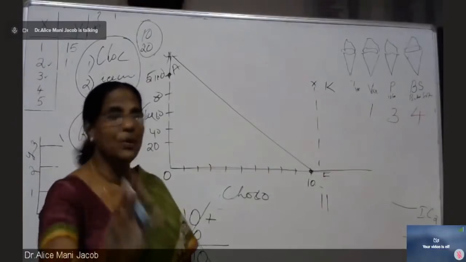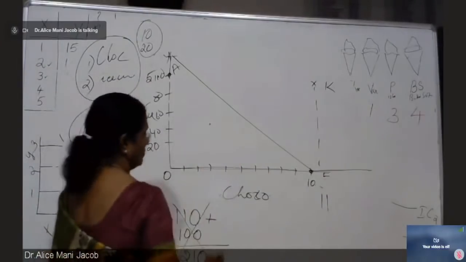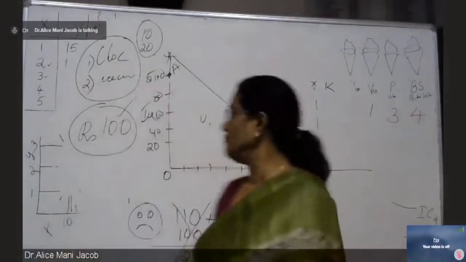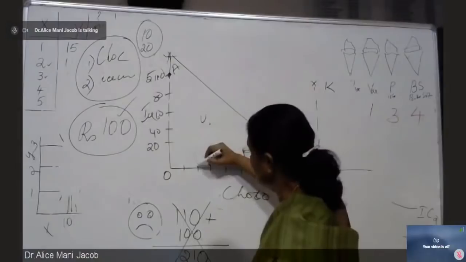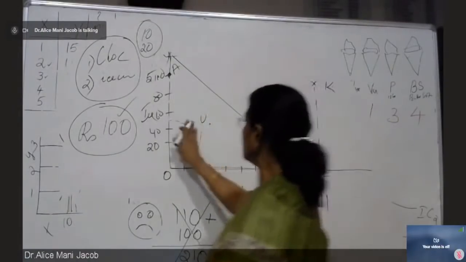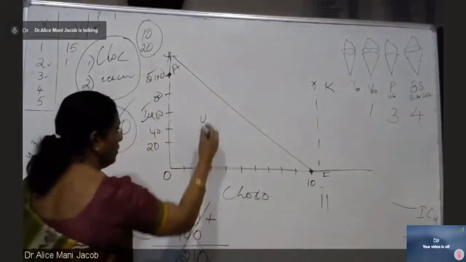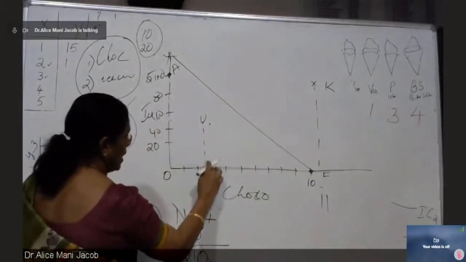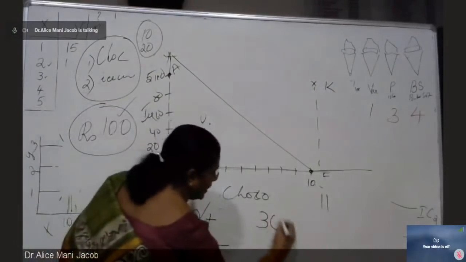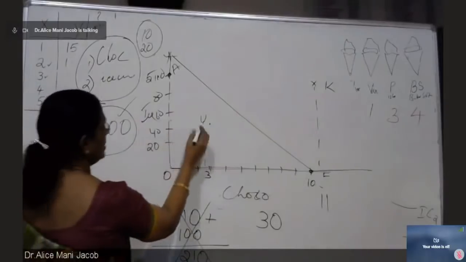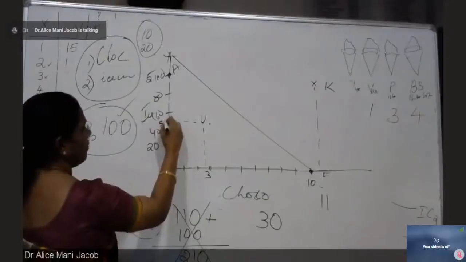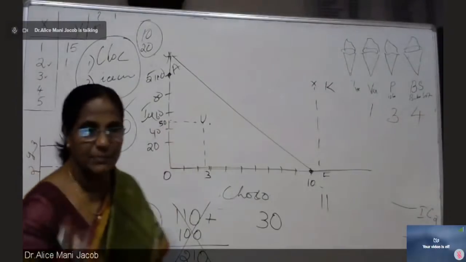Is it possible for you to be here? Yes, let's say for example. Here, at this point, I will not make it complicated, you are consuming 3 units of chocolate, that is 30 rupees, and you are spending 50 rupees on ice cream, because ice cream is divisible.